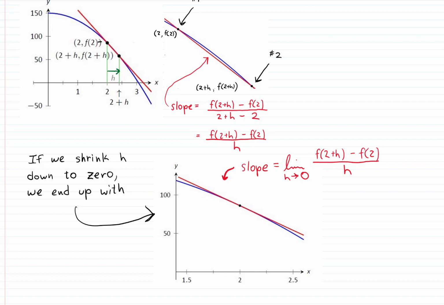That is called the slope of the blue parabola at the point where x equals 2. Okay? And that is measuring the instantaneous rate of change of the function when x equals 2. Very important. Let's summarize that in one sentence.